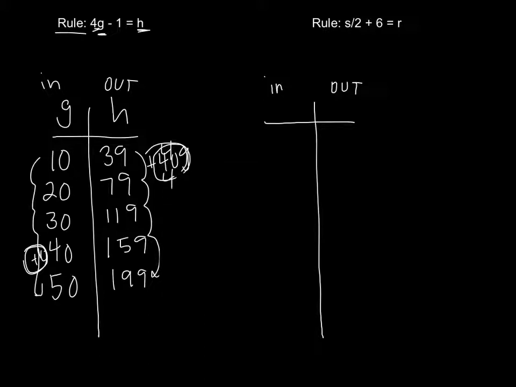Now let's try the next problem. The rule here is s divided by 2, the fraction bar is a division symbol, plus 6 equals r. So if you want to rewrite this, s divided by 2 plus 6 equals r.